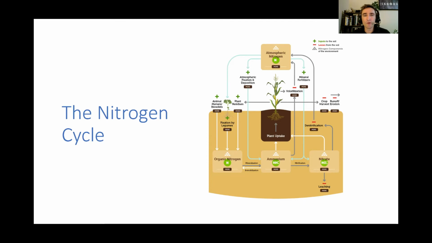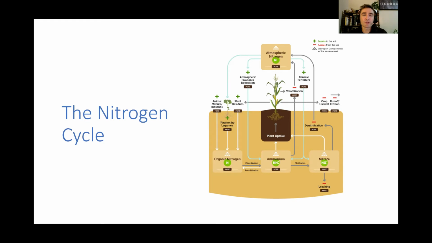Same with animal manures. So animals, plants, things that decompose in the soil, along with the legumes, they are said to fix nitrogen because they are taking nitrogen from the atmosphere and fixing it or attaching it down to the soil. And that process is called fixation.